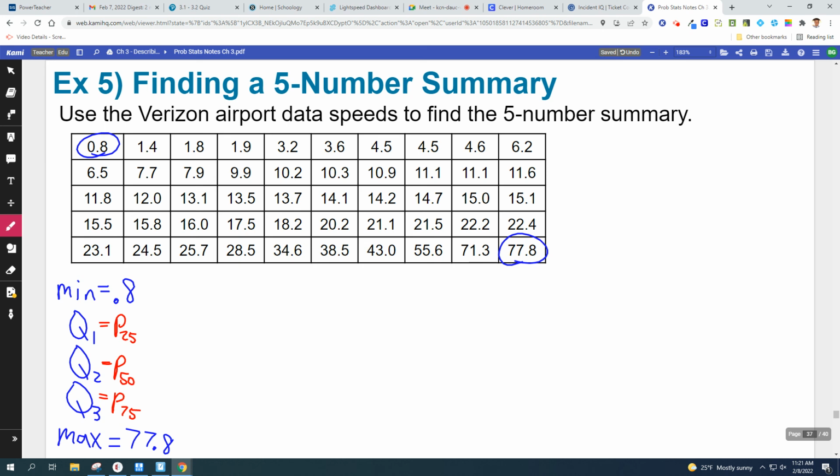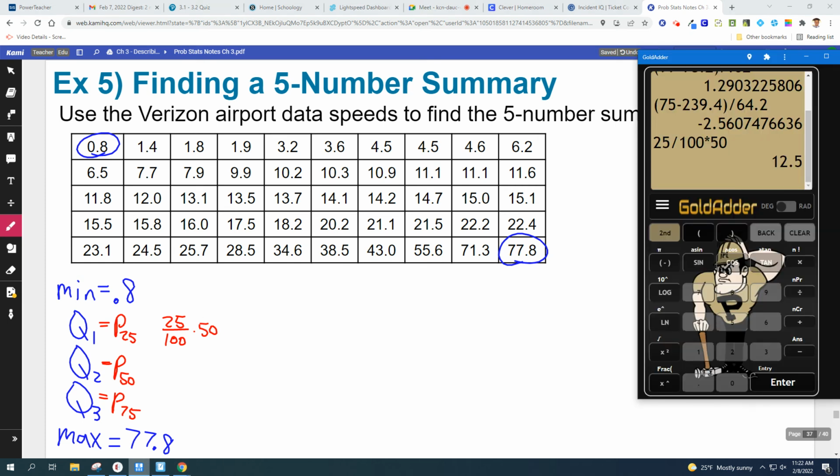All right. So P25. Remember, we want to find that locator first. So 25 over 100 times 50. It's 12.5.